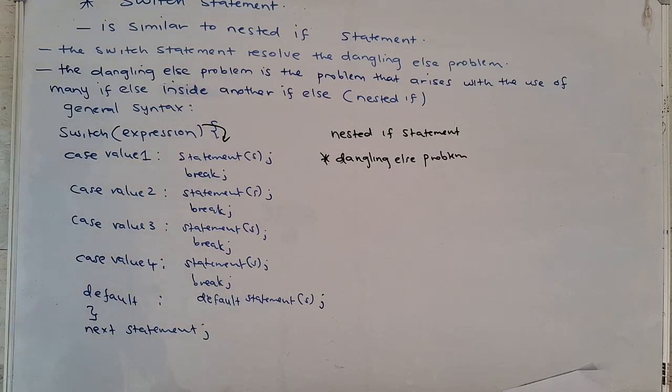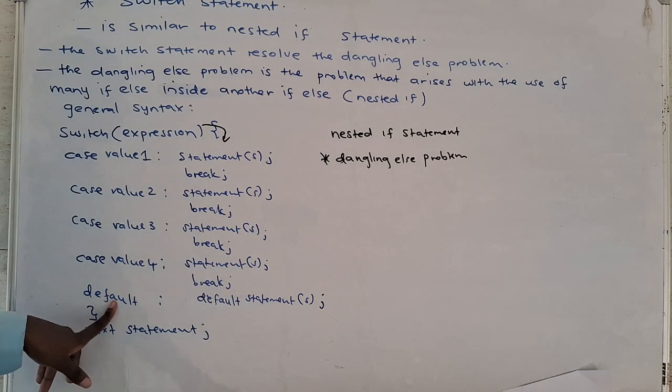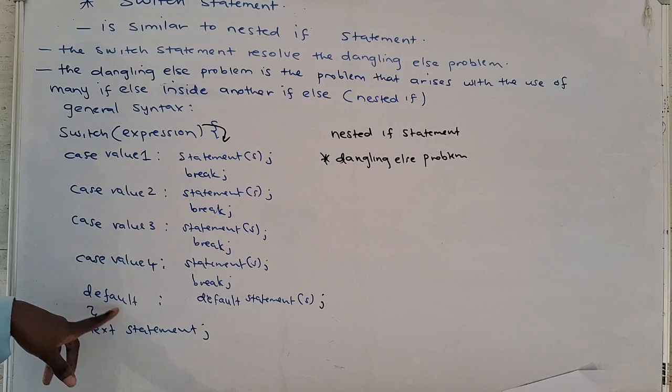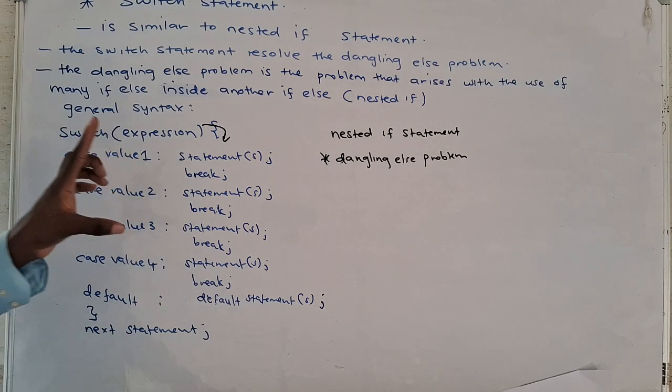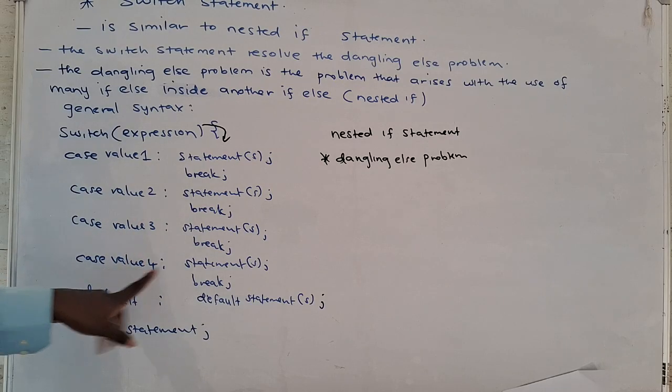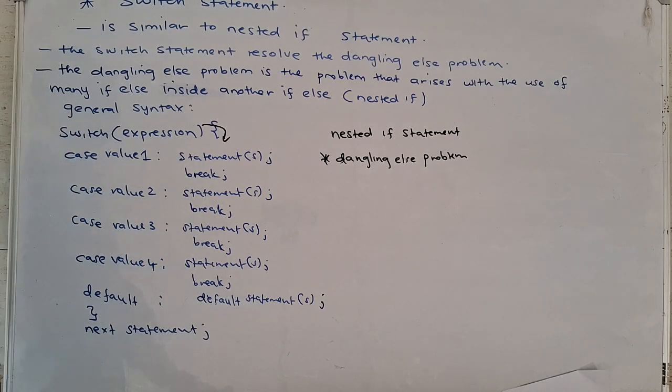The other thing that you are supposed to know is that this default can be placed anywhere within the switch body. What I'm trying to say is, you can write case value 1, case value 2, then here you write default, then case value 3, and case value 4 at the last. Now if you write this default within the switch body, what are you supposed to do?